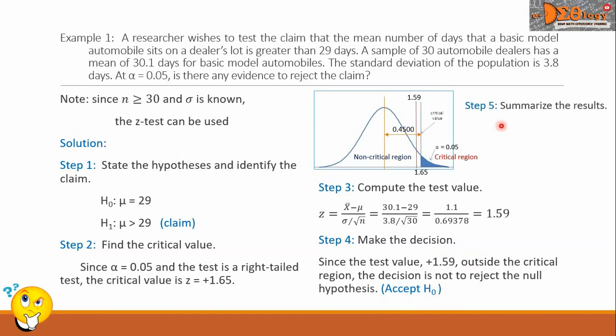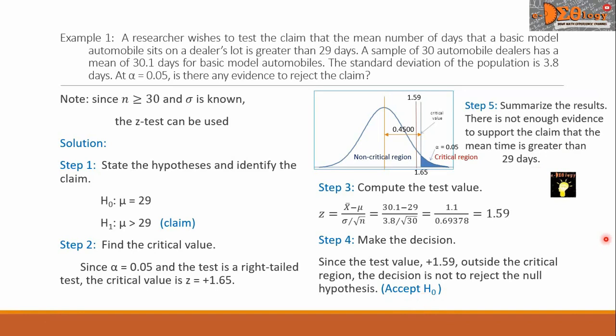So for step 5, summarize the results and we will write, there is not enough evidence to support the claim that the mean time is greater than 29 days. By the way, when we say accept the null hypothesis, it also follows that we are rejecting the alternative hypothesis. This is our final answer.